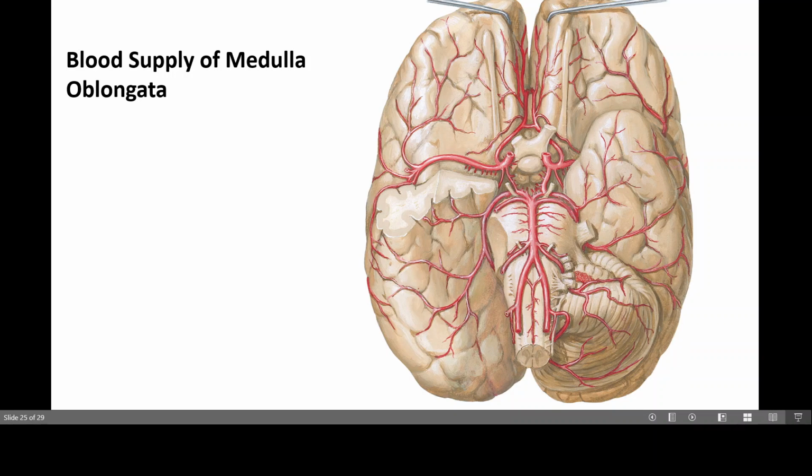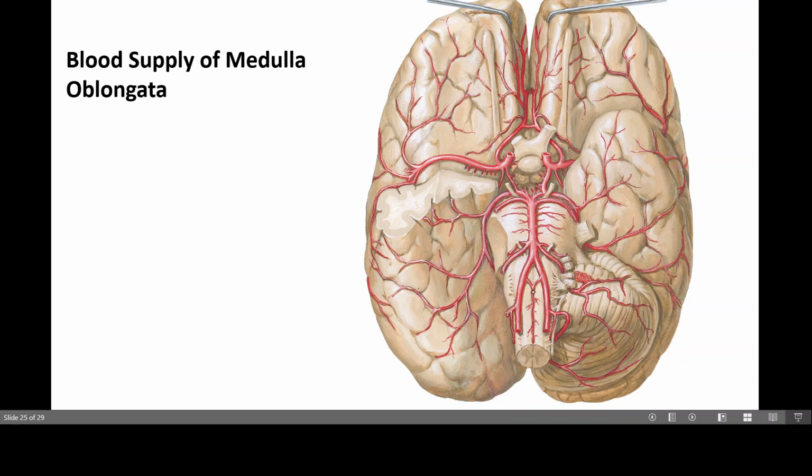I don't know if you are seeing the pointer or not, but you see in the middle of the brain, this is the brain stem. In front of the medulla, there are two thick arteries, the vertebral arteries. From the medial aspect of each vertebral artery, a thin artery arises, called the anterior spinal artery.